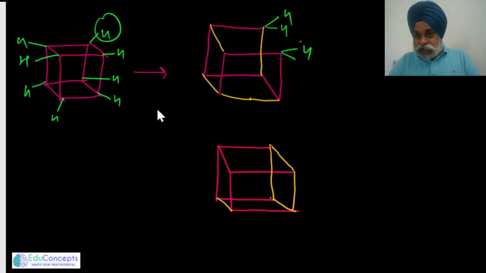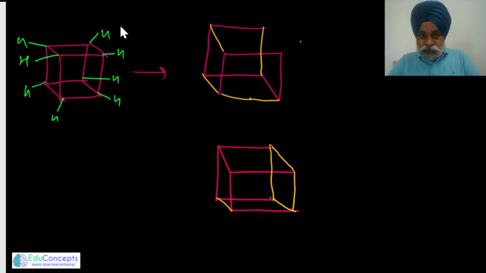So let me redo what I am saying. We started with this. If I break this bond, I have to place 2 hydrogens, or 1 pair of hydrogen atoms. So 1 hydrogen molecule went in to break this particular bond.